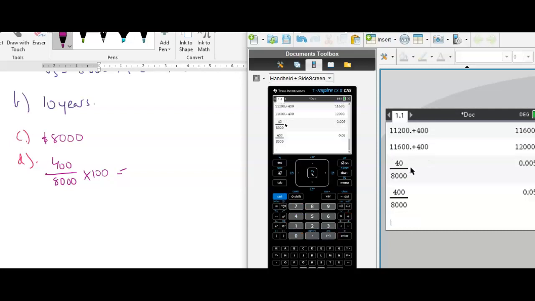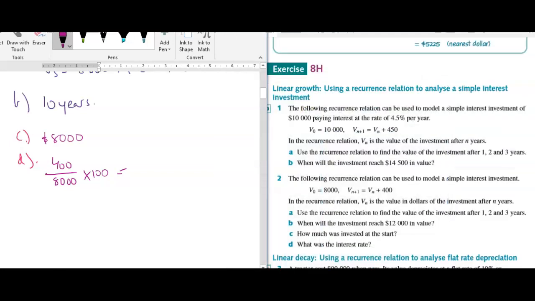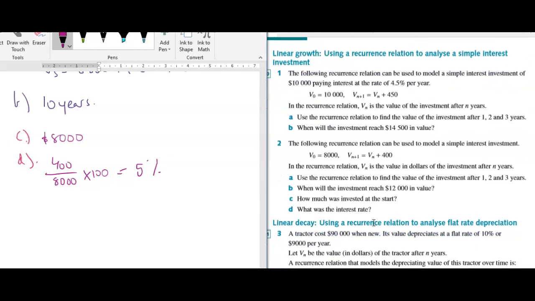There we go. And then multiply that by 100. That's what I wanted, 5%. Okay, so 5% is your interest rate. So 5% of 8,000 gives us 400. So if we're looking at it as a simple interest, it's 5%.